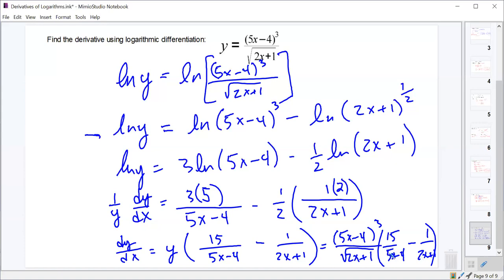So how did you get from 3 times the natural log of 5x minus 4 to 3 times 5 over 5x minus 4? Right, so we took the derivative of both sides. So the derivative of 3 times natural log of 5x minus 4, the 3 is a constant. And so it's 3 over u, which is our 5x minus 4, and then times the derivative of 5x minus 4. Oh, got it. Okay. Good? Thank you. No problem. All right, everybody good with that or no?